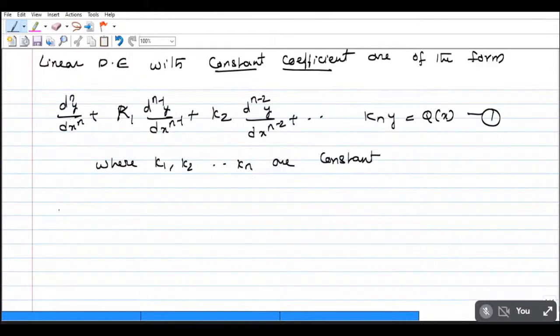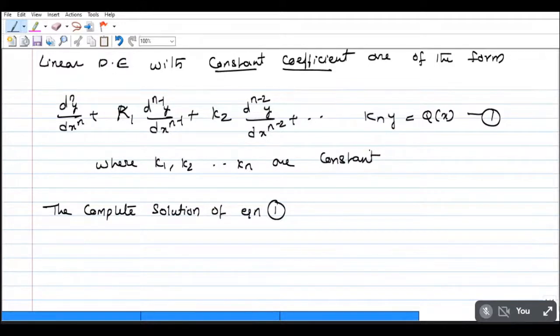Now listen. The complete solution of equation 1, and now we are discussing only constant coefficients.